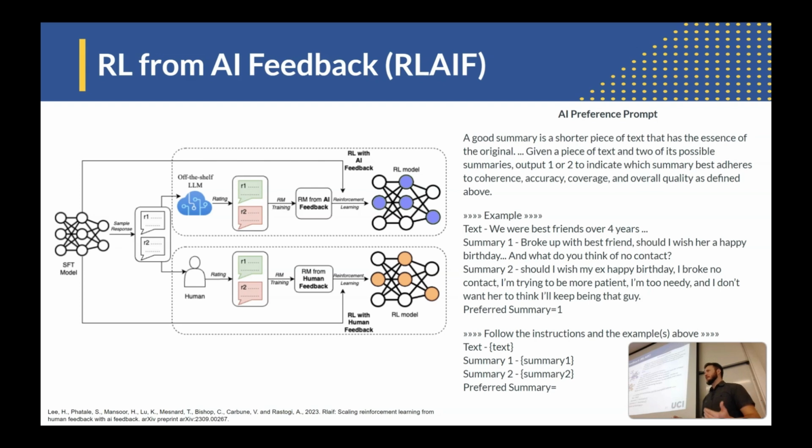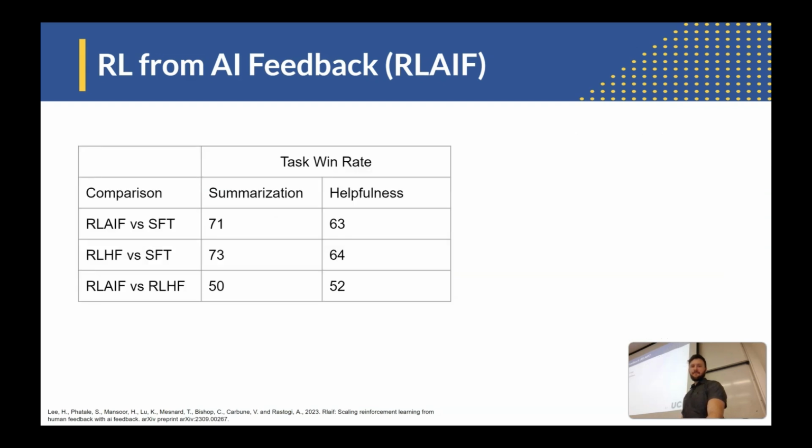Let's just use the language models to label preferences. And so RLAIF generally does the same thing as RLHF, but instead of using humans to label this data, we're just going to use a language model and ask it to give us preferences.